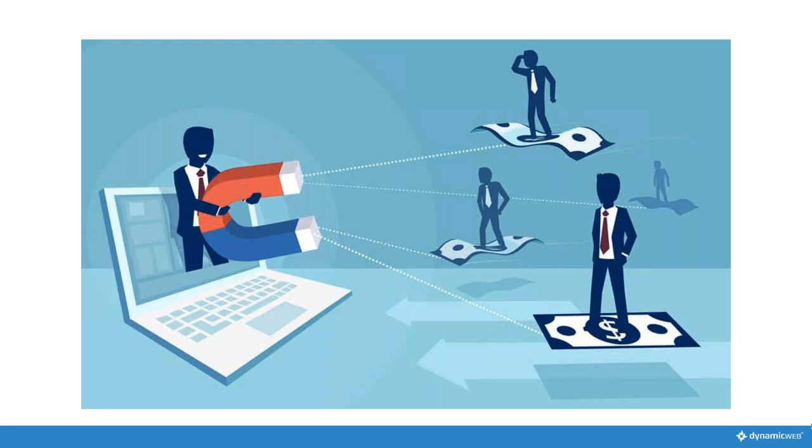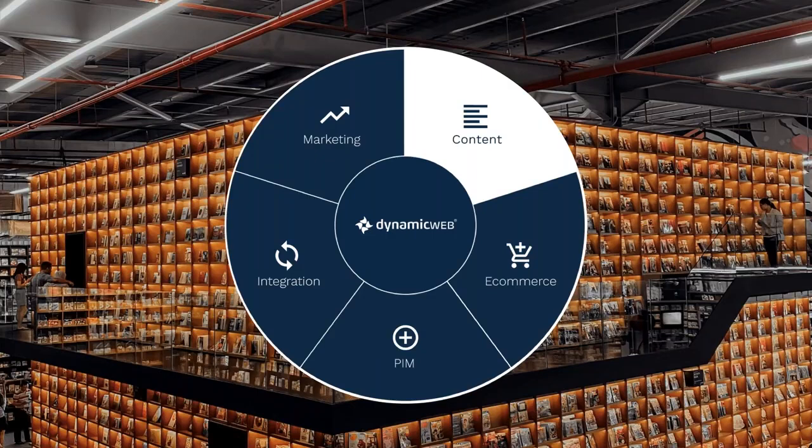Next slide, please. All right, so as complex as CPQ can be, the platform on which it's integrated, like I mentioned, has to be complex to support it and has to possess all of the key features of e-commerce.